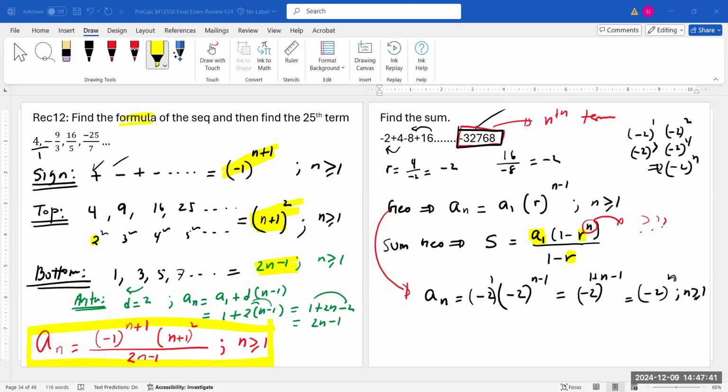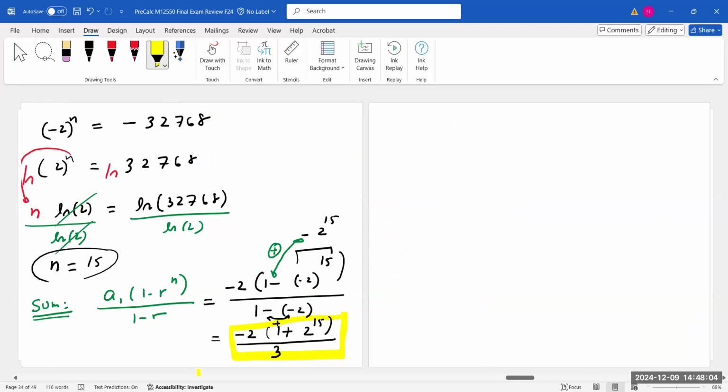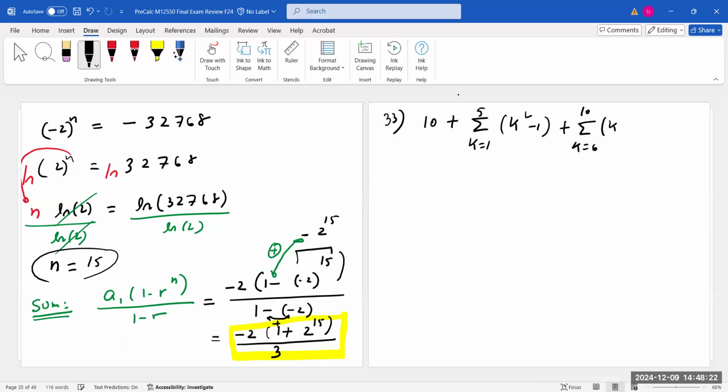We have 10 plus the sum from k equals 1 to 5 of k squared minus 1, plus the sum from k equals 6 to 10 of k squared minus 1, plus 3 times the sum from k equals 1 to 10 of k plus 1.